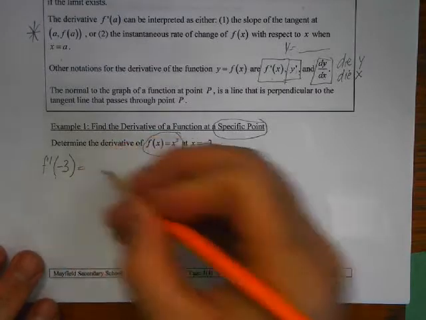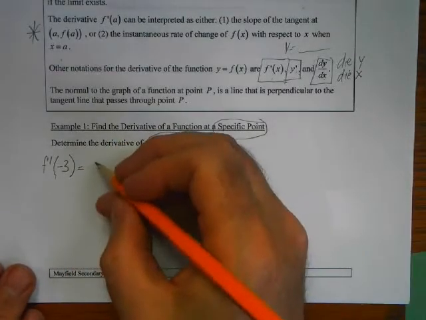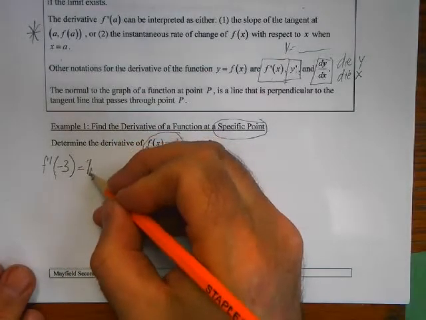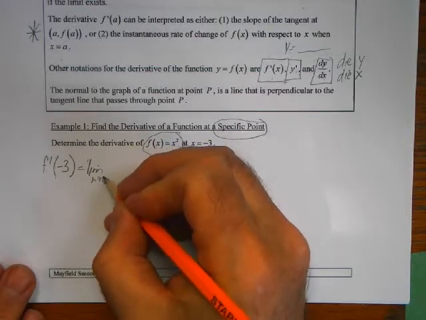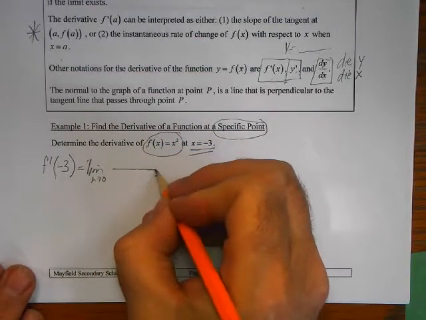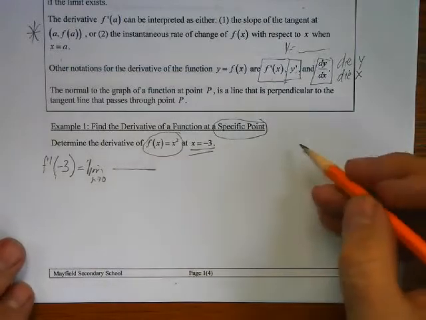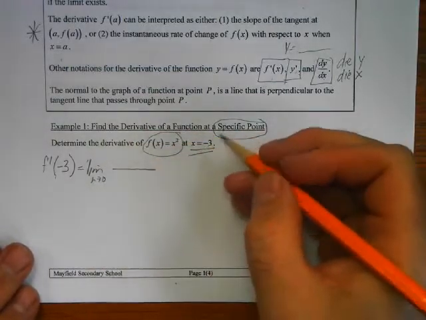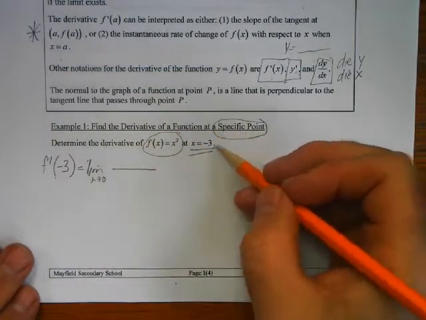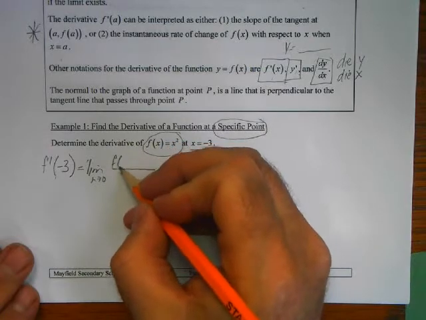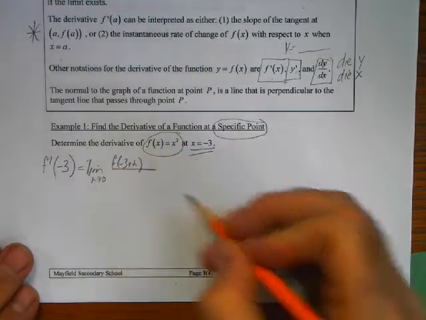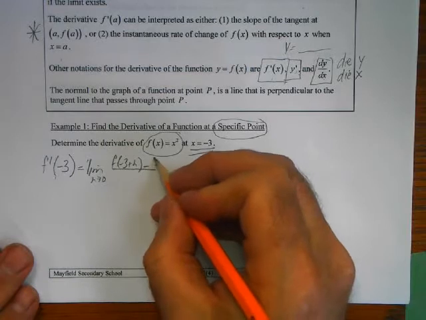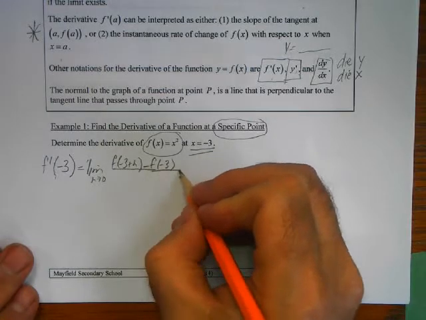And this is where we use the limit like we've always used it. That's equal to the limit as h approaches 0. Normally it'd be f of x plus h, but this time we're looking at x being -3. So it's f of -3 plus h minus f of -3, all over h.